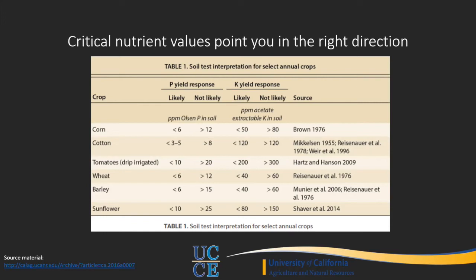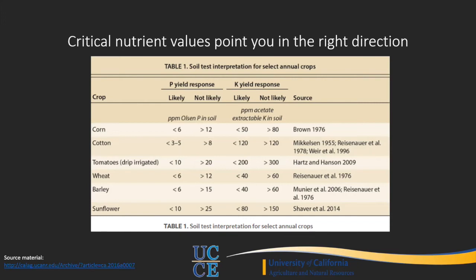So for corn, for instance, a phosphorus yield response is likely when Olsen phosphorus in soil is less than 6 parts per million. And somewhere in the range between 6 and 12 parts per million Olsen phosphorus in the soil for corn, we would say that that is a sufficiency range.